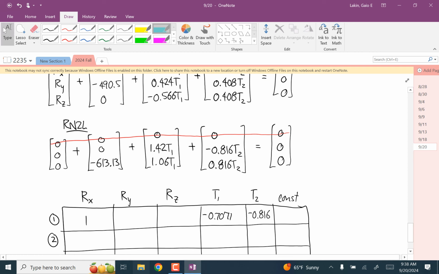For the second equation, Ry's, we have 1. T1s, we have 0.424. T2s, we have 0.408. Constants, those have to be on their own side of the equation, so this is positive 490.5.